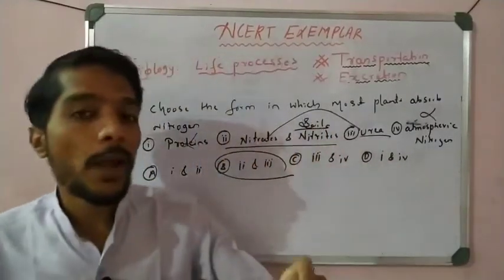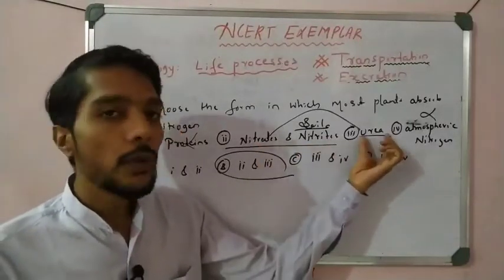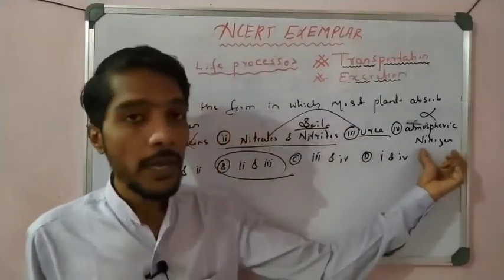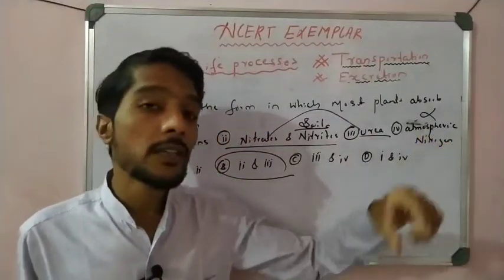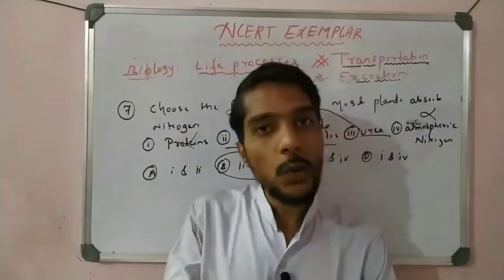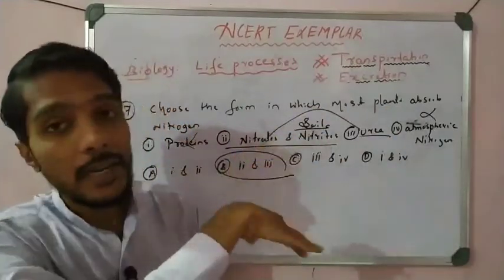In which form the plant absorbs nitrogen means there are two forms, one is nitrites and nitrates, one is urea. In the atmospheric form the plant is not able to absorb nitrogen. That is very important. So that is why atmospheric nitrogen is converted into nitrites, nitrates and urea.